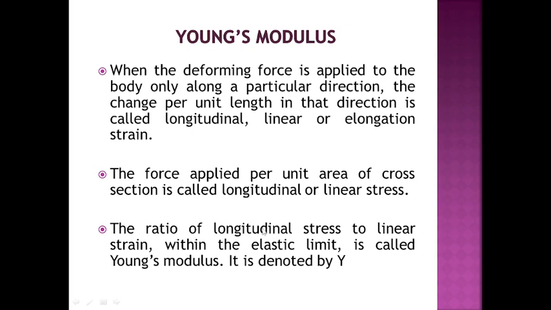Here the force applied per unit area of cross section is called longitudinal or linear stress, and the ratio of longitudinal stress to linear strain, within elastic limit, is Young's modulus.